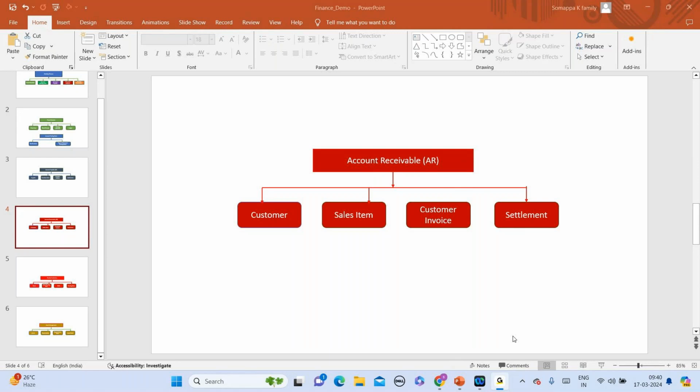Ganesh, you have worked earlier on HCM and also on financials. How do you compare them? I think in magnitude finance is much bigger than HCM.